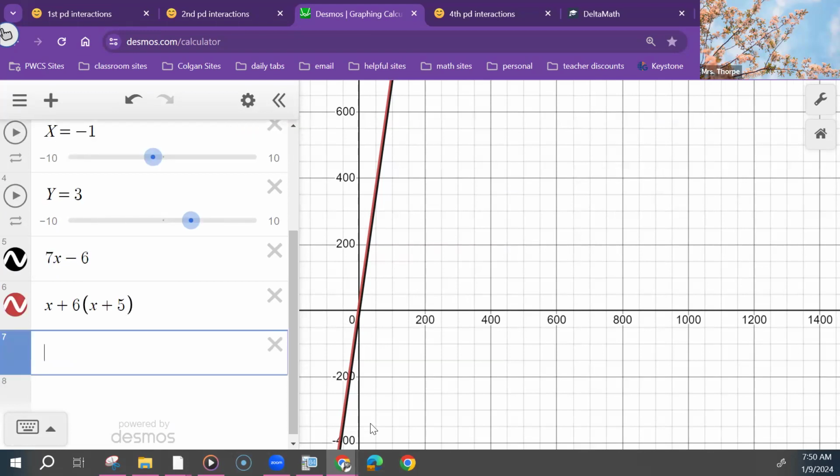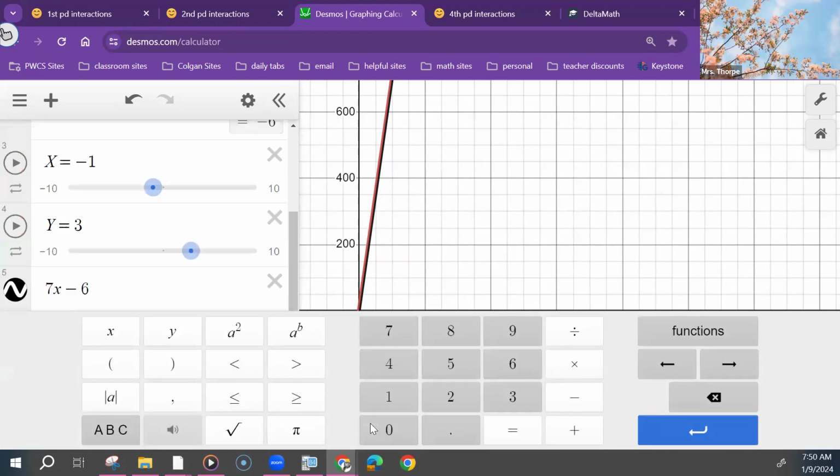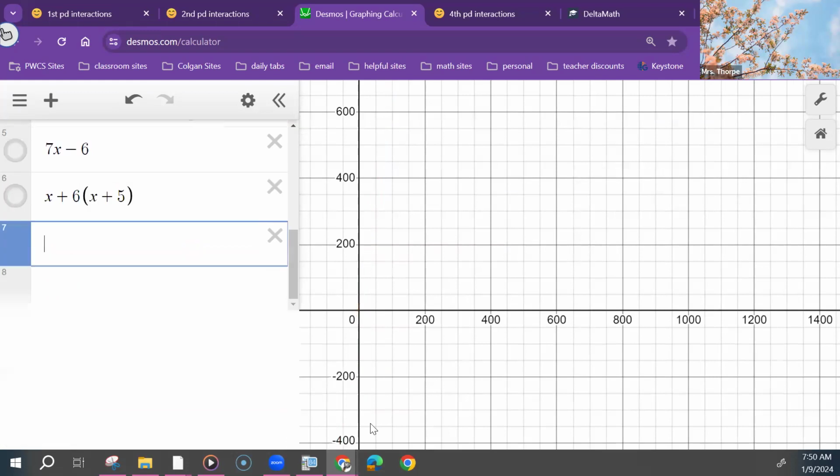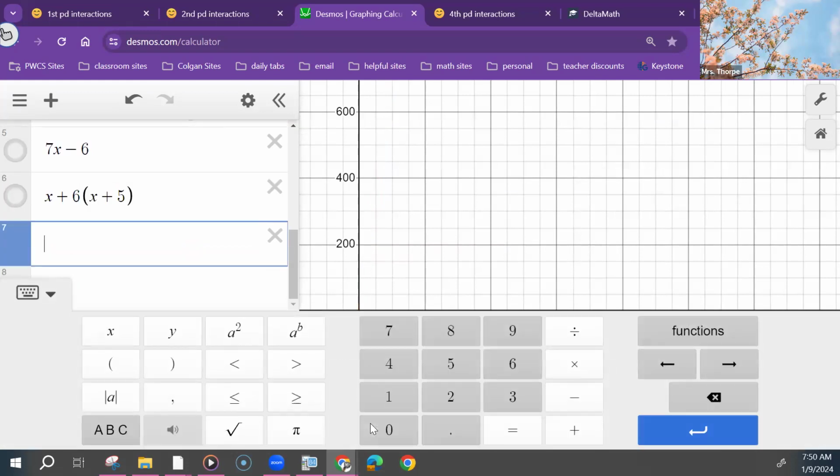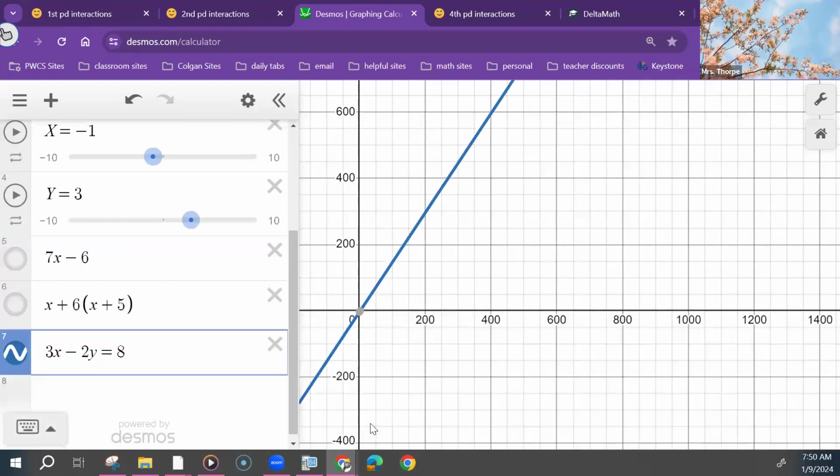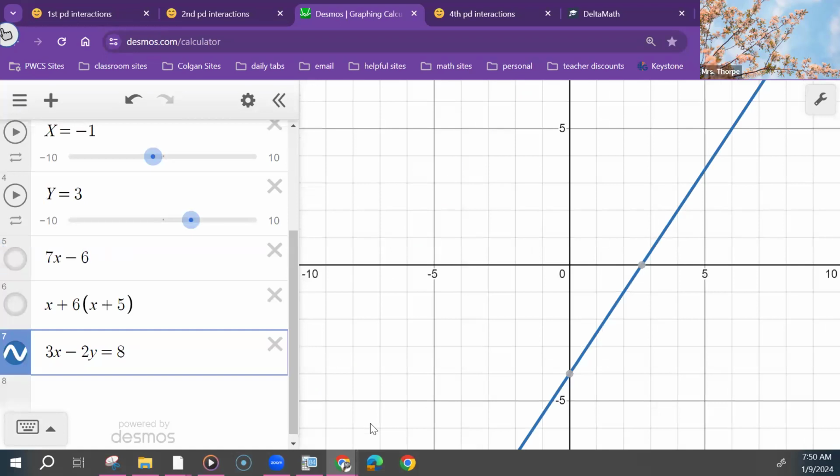For number 5, if I want to solve that using Desmos, I would type the entire thing in. And to solve this in Desmos, you would have to look at your slope, look at your y-intercept.